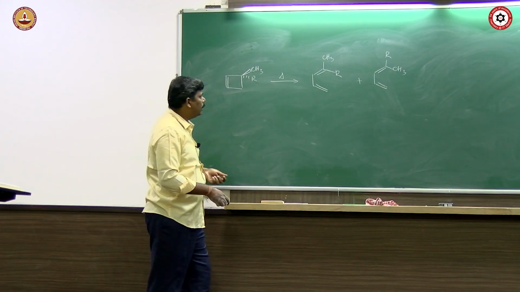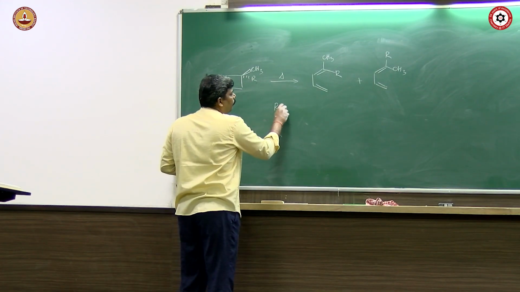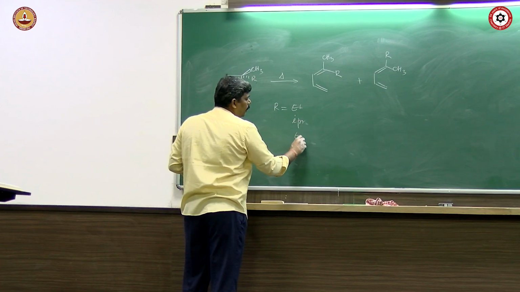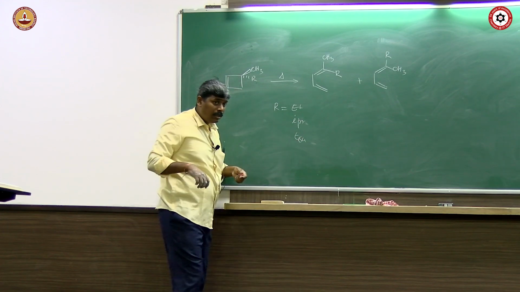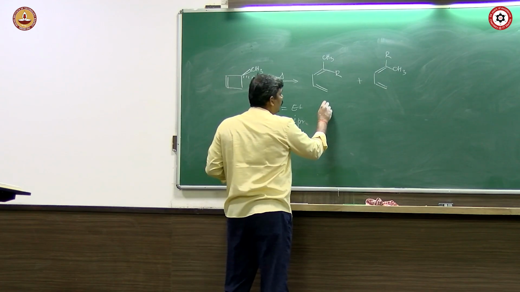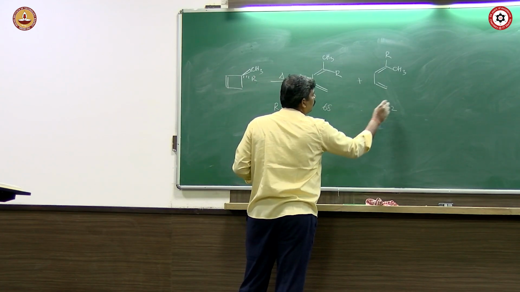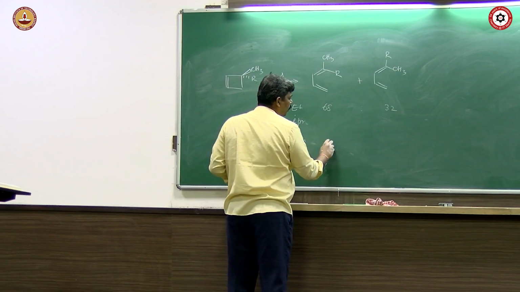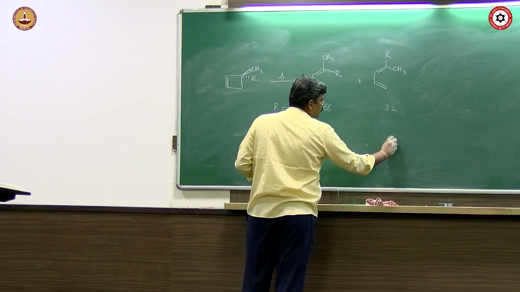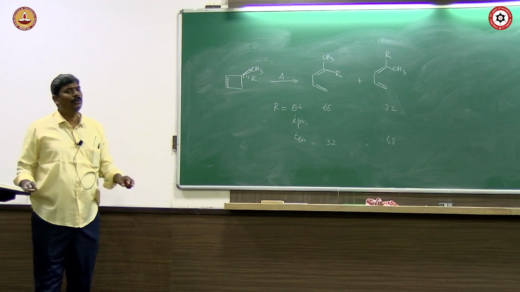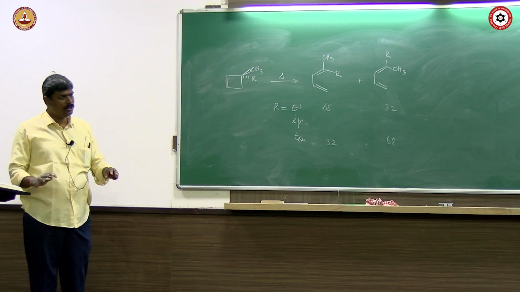So if you look at R being ethyl, isopropyl and tertiary butyl, you would realize that in this case it is 68% to 32%, and with tertiary butyl it will be just the opposite of 68. It is purely steric driven, there is no other issue.